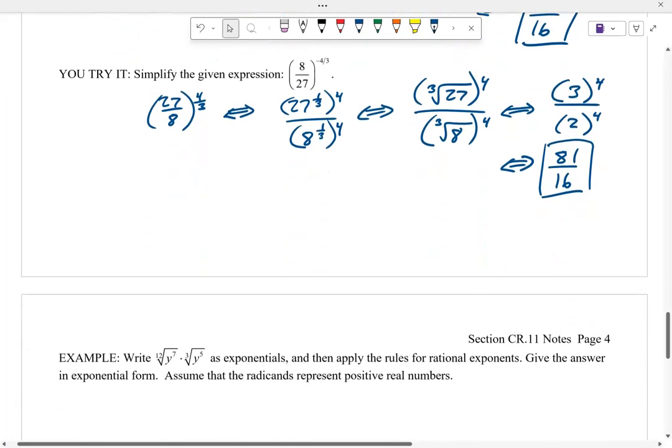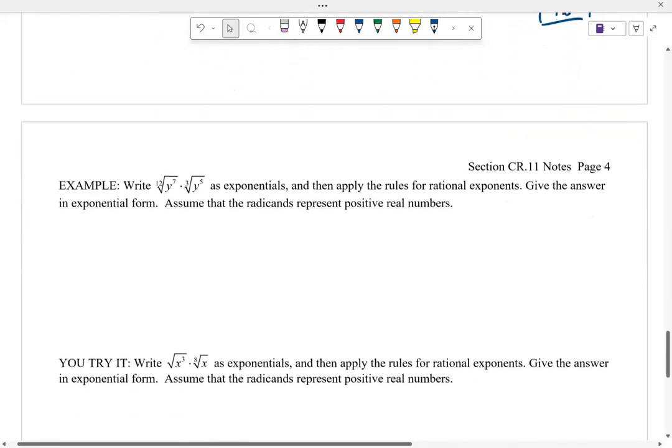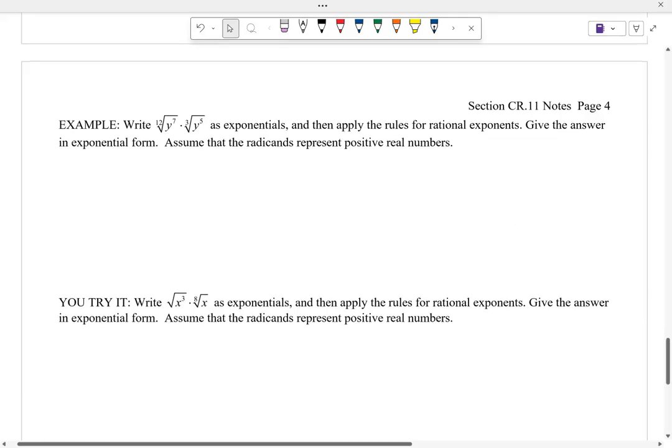Let's deal with some variables now. We've got the 12th root of y to the 7th times the 3rd root of y to the 5th. We're going to write it in exponential form first. So the 12th root of y to the 7th, that'd be y to the 7th to the 1/12th.